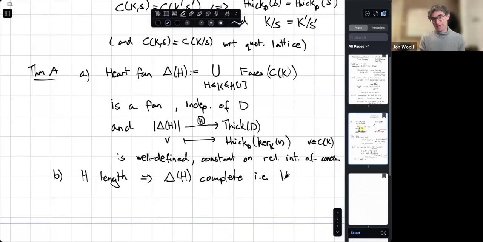So this support is actually the whole vector space. And the third thing says if it's even nicer, so H is length and has finitely many simples.